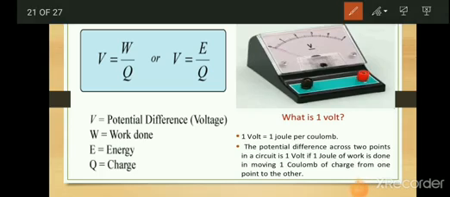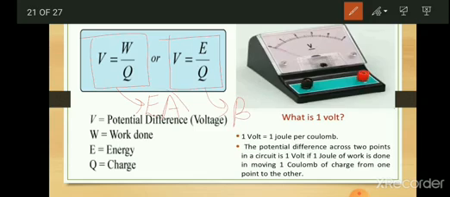Student, let's see how to represent voltage in a mathematical form. You can write two ways to represent the voltage. One is for the electrical appliances, another for the battery.